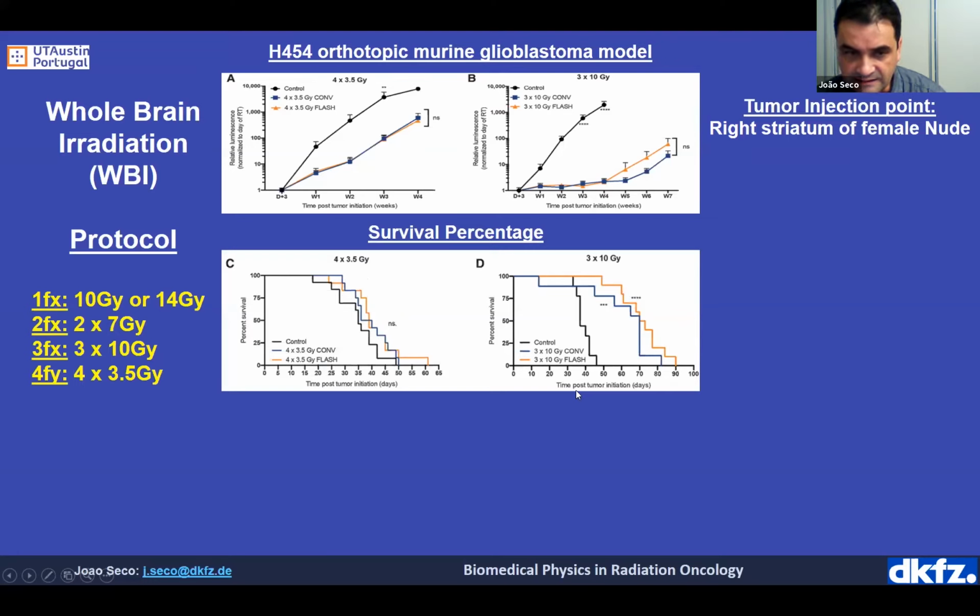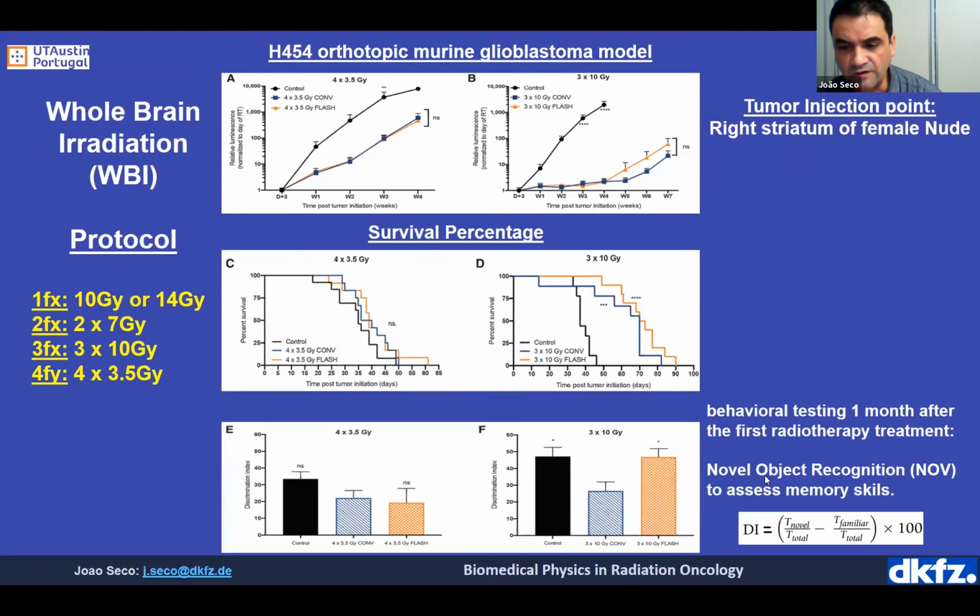So it's an indication that fractionation can also play a role in flash, and that would need to be on the order of 10 gray per shot to achieve that really true benefit. They also looked at something called novel object recognition, NOR, and they also showed that with flash, the behavior of the mouse post-radiation was practically identical to the control.